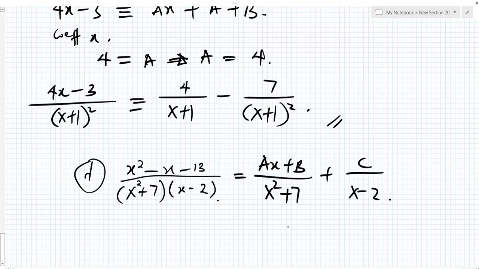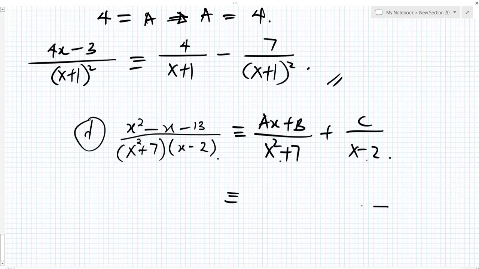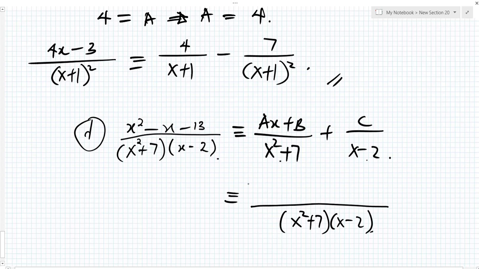So now what I'll do next is, what is the lowest common denominator for these two terms? So the lowest common denominator is x squared plus 7 times x minus 2. So now I will say over x squared plus 7 times x minus 2.